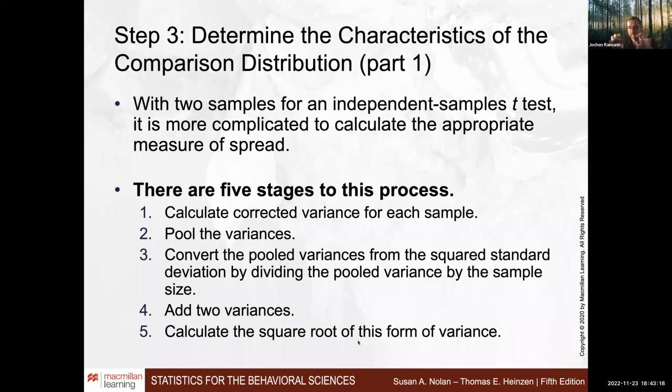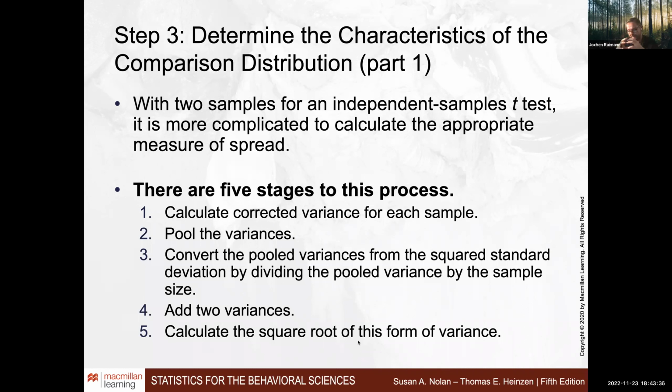These 2 variances then need to be pooled together, merged into a pooled variance that is determined by the respective degrees of freedom.